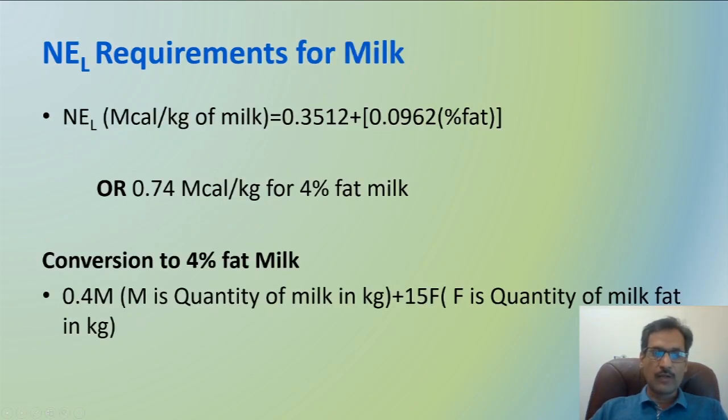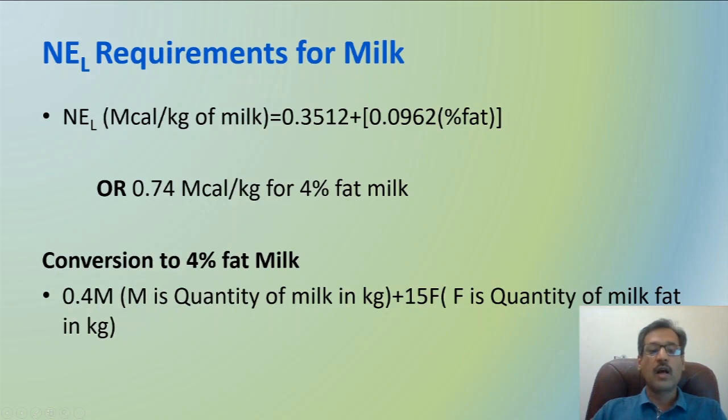For the calculation of net energy requirement for milk, we can use the formula, or we can simply take the value 0.74 megacalorie per kg for 4% fat corrected milk. If our animal is producing milk with less than 4% butter fat or more than 4% butter fat, then we can use this formula: 0.4 m, where m is the quantity of milk, plus 15 f, where f is the quantity of milk fat.